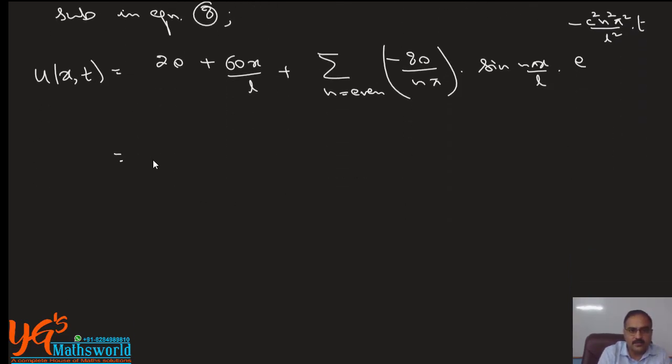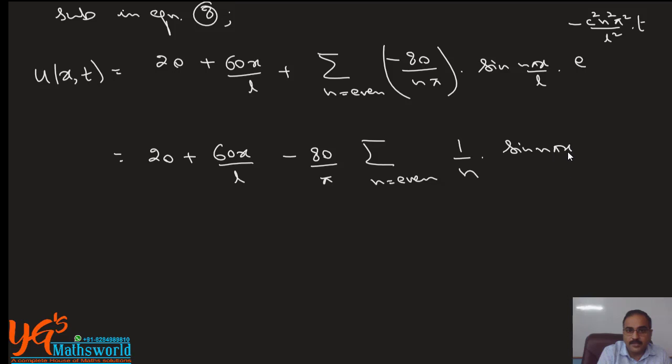Now we can take constant terms outside the summation series: minus 80 over pi summation n is equal to even, 1 over n into sine of n pi x by L e raised to power minus c square n square pi square t over L square.